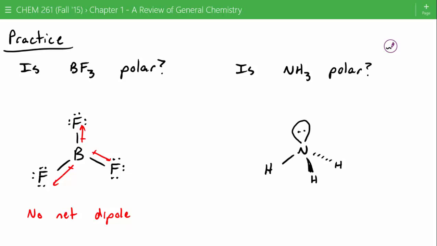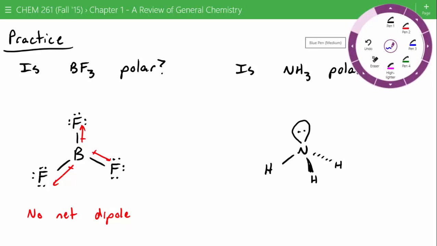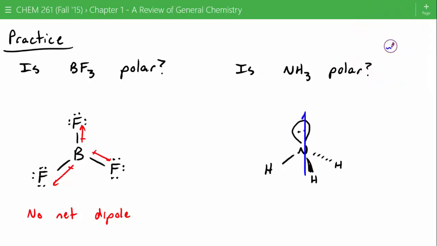Yeah, trigonal pyramidal. So in this case, it's no longer planar due to that lone pair sticking straight up. So in this case, is there a net dipole? Yeah, and which way is it pointing? Yeah, straight up and down. So we can go through and draw it straight up and down, and you've got a partial positive near that hydrogen side. So this one has a net dipole.